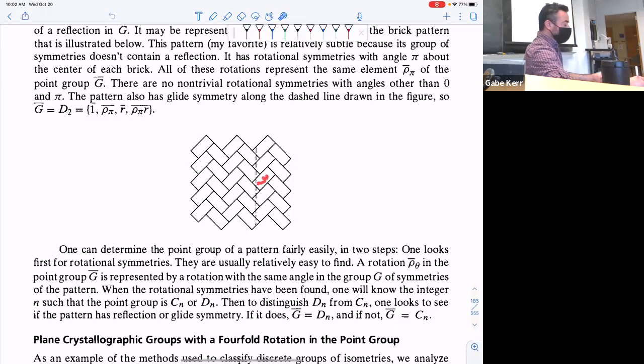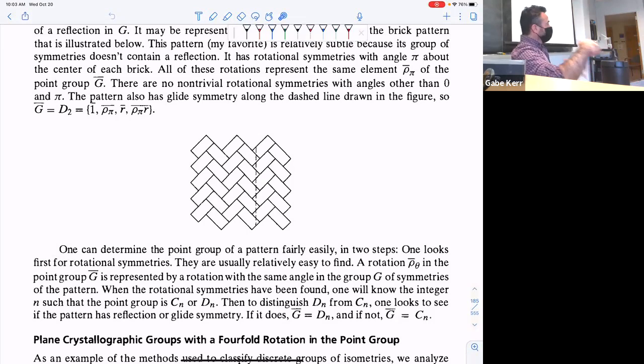So what is the point group? The point group is the image of your group of isometries under the map to orthogonal. So it'll take glide reflections and send them to reflections. So if you just look at the point group, you'll see reflections in the image.